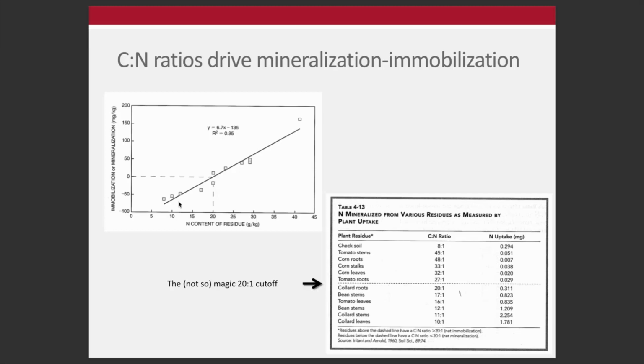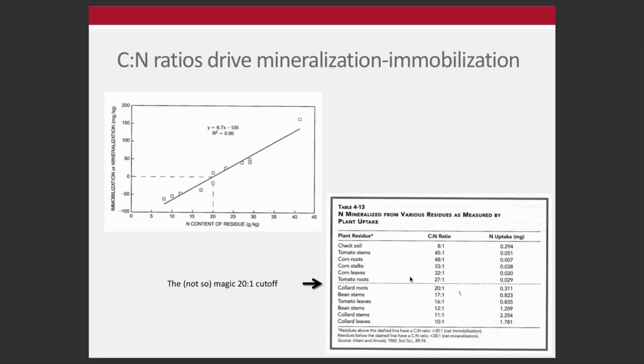I also wanted to show you an illustration. This is an interesting experiment where they took different residues, buried them in soil in a pot experiment, and then measured how much nitrogen was taken up by the plant.